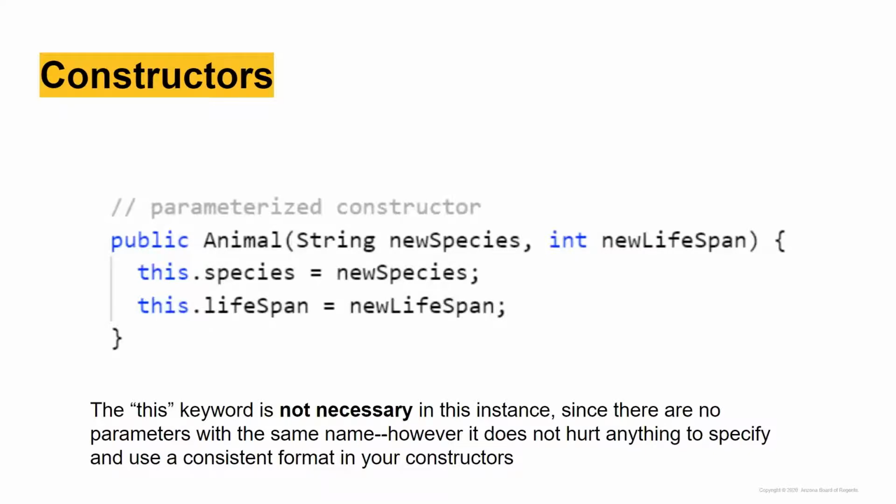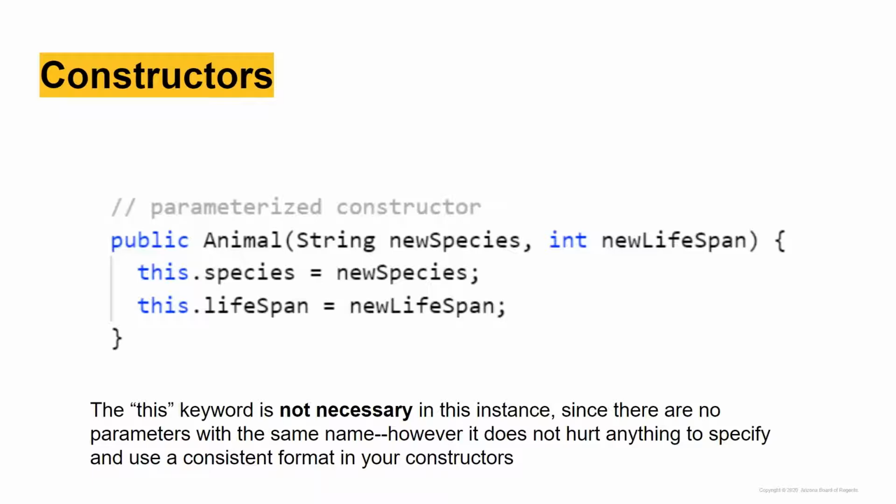Cool. So this is our parameterized constructor, continuing this animal example. Here we have public animal, and now in the parentheses we specify the parameters that are going to be given when this constructor is called. We're going to be given a string and an integer, and if we're only given one of them, or if we're given something else, the compiler is not going to like that. It's not going to let it happen.